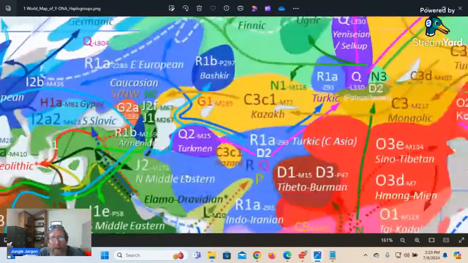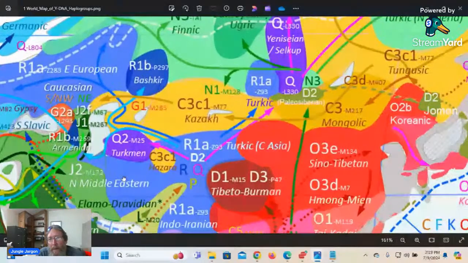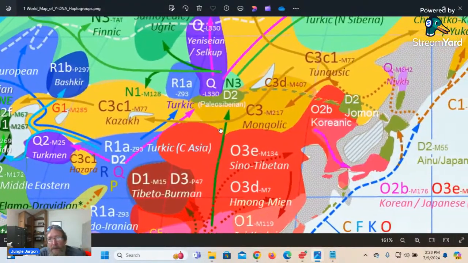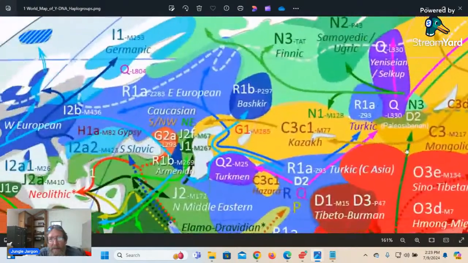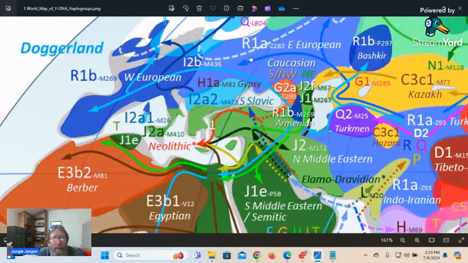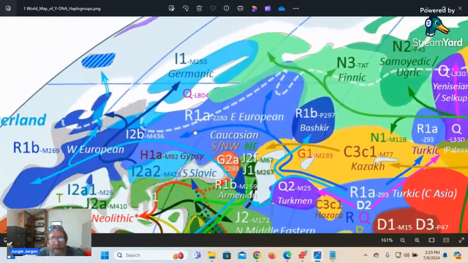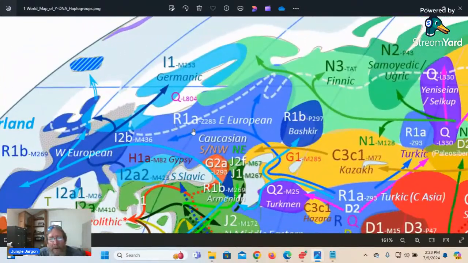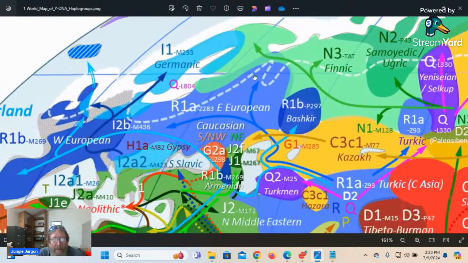But then there's all the northern nations that are the Eurasian nations, the descendants of Japheth. So I got my hit with the R1A because Gomer is known to have gone into Europe.